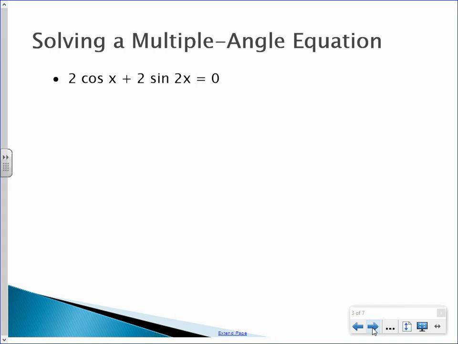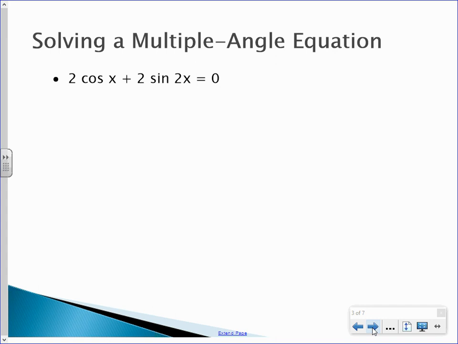Right now we have an issue because we have a GCF of 2, but that's really not helpful. We have two trig functions that have different angles, okay? And when we solve our trig equations, it's not always a big deal, but if we don't have anything to factor out there, there's really no way to solve the problem. Okay, so besides the 2 being a GCF, we don't have a trig function to factor out and separate them to set equal to 0, so we're going to need to rewrite something.